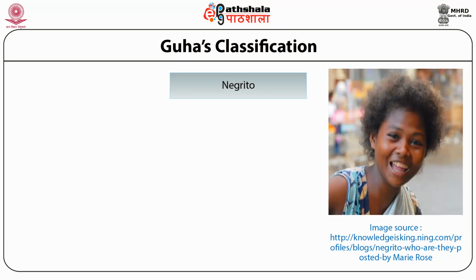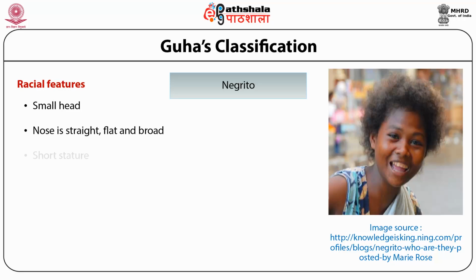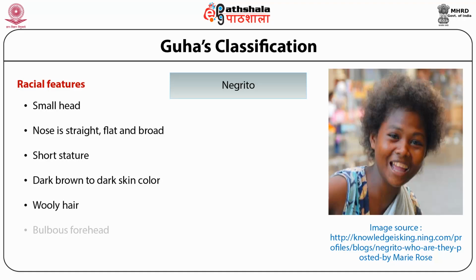Negritos are considered to be the first immigrants of India. Their physical characteristics are a small head which is round, medium or long, a nose that is straight, flat and broad, very short or pygmy stature, dark brown to dark skin color, woolly hair, bulbous forehead, and smooth supraorbital ridges.